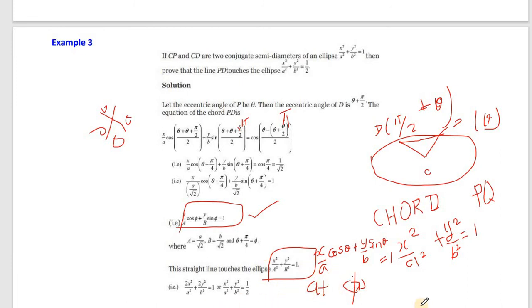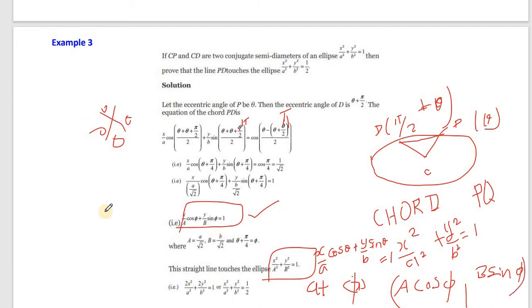That is a cos phi, b sin phi. So it is the equation of the tangent to that ellipse at the point a cos phi, b sin phi. So it is in that form, and we easily conclude that this PD touches.